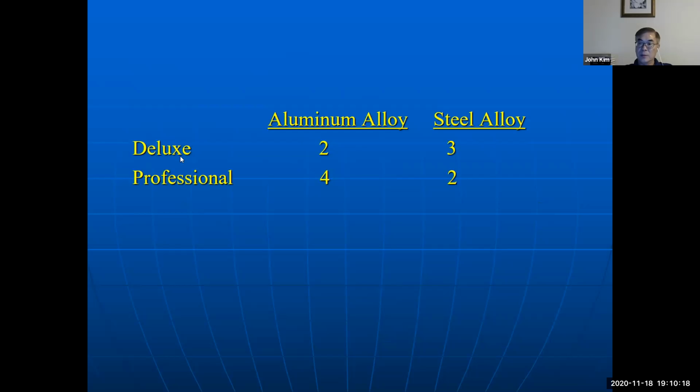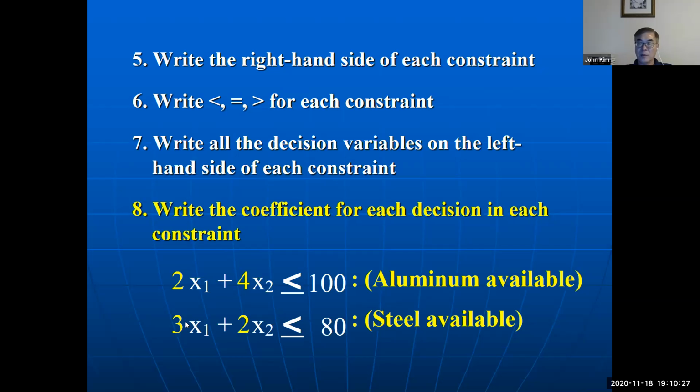And then deluxe uses 2 of aluminum and 3 of steel. So 2 of aluminum and 3 of steel. Professional uses 4 of aluminum and 2 of steel alloy. So 4 and 2. And that's it.